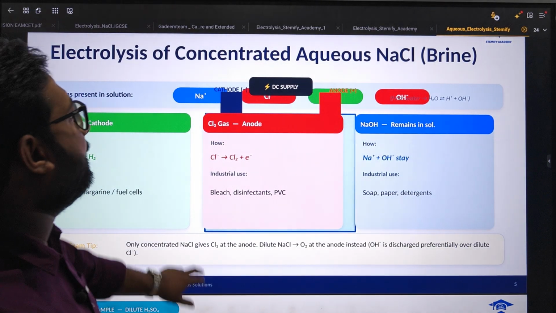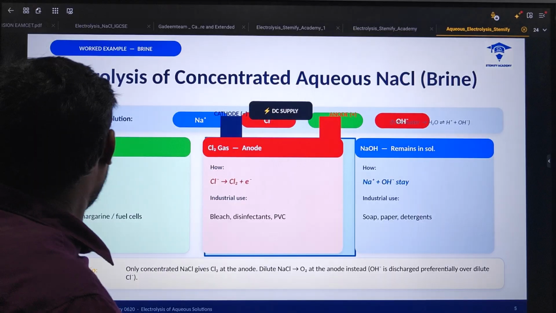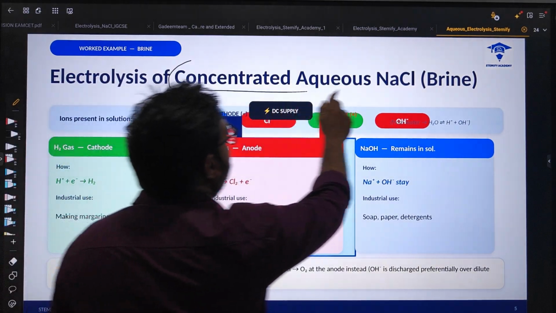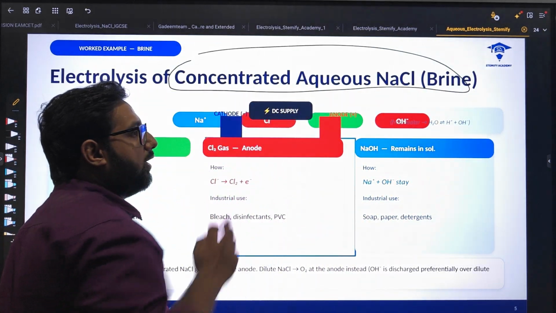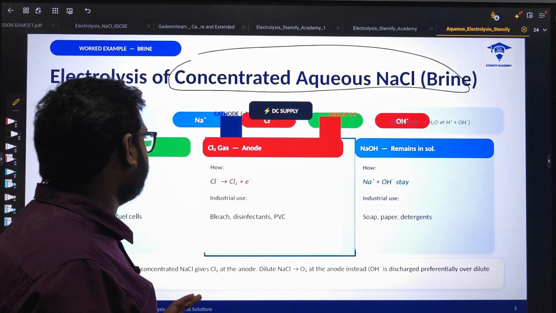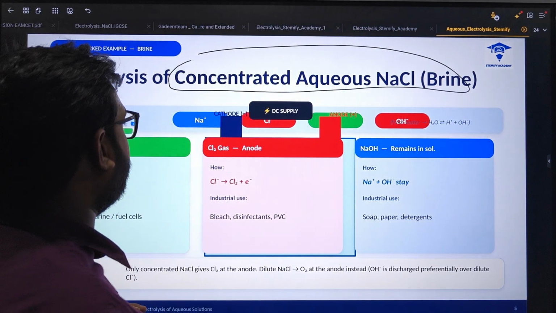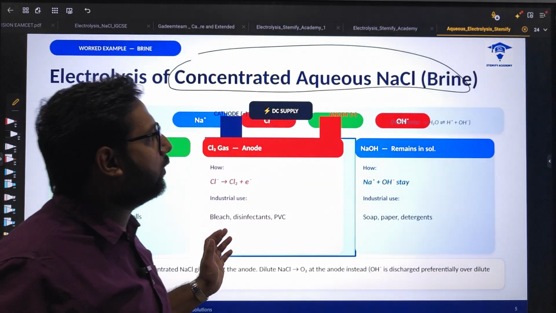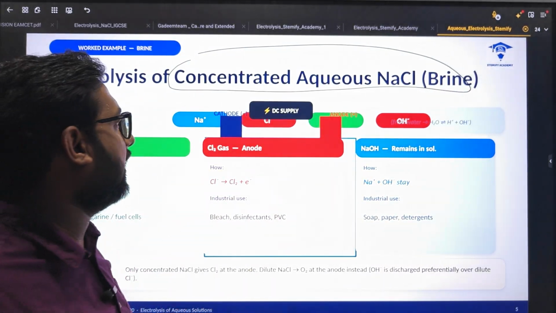Now let us take an example of concentrated aqueous NaCl. You have to see this very carefully, whether it is concentrated or dilute. So when you get concentrated aqueous NaCl, what are the ions at the cathode and what are the ions at the anode?